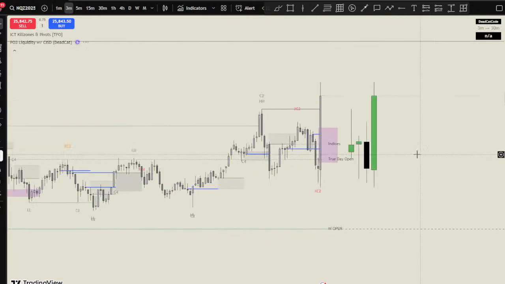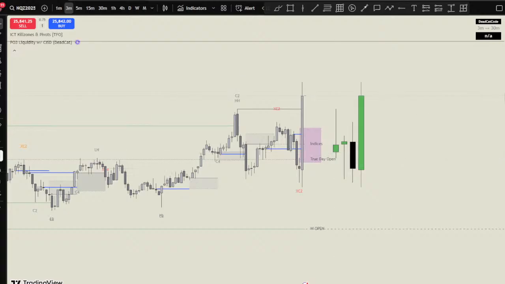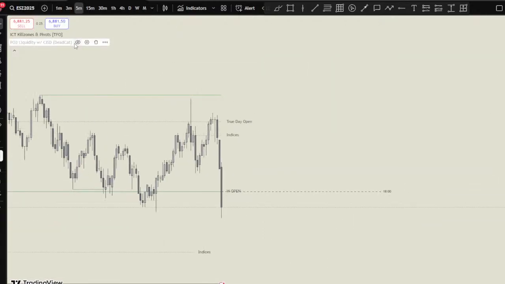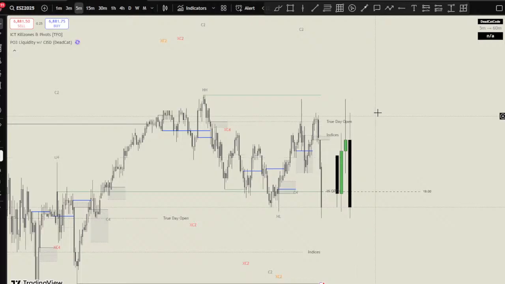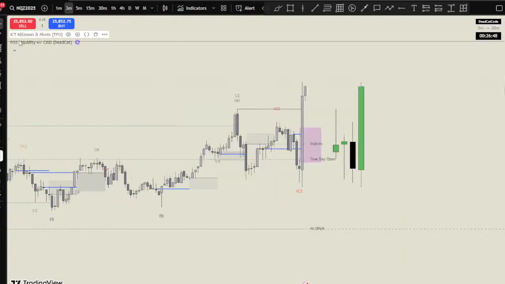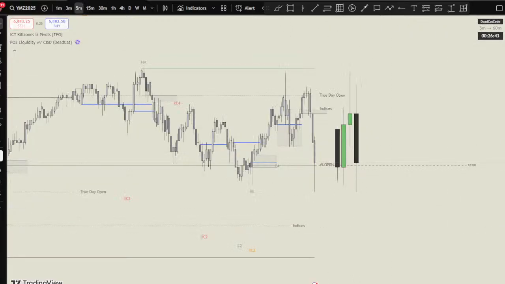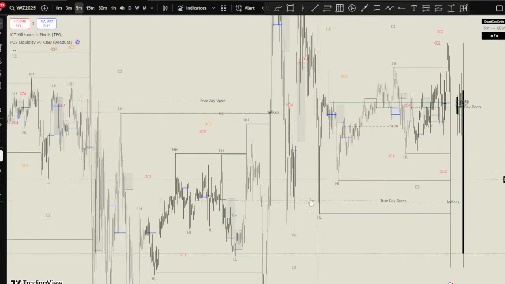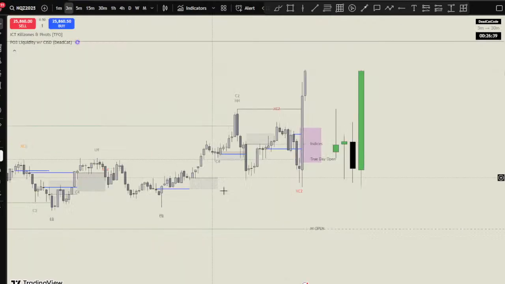This 3-minute would have to close back in this range, which is not what we're doing right now. Now this one is a completely different story. Look, isn't that wild how we can have two different stories being formed? YM and absolutely take out everything.